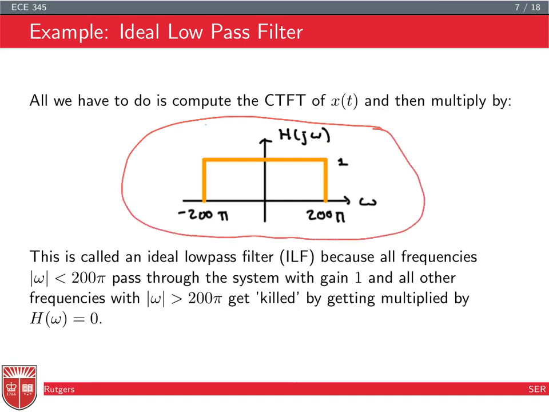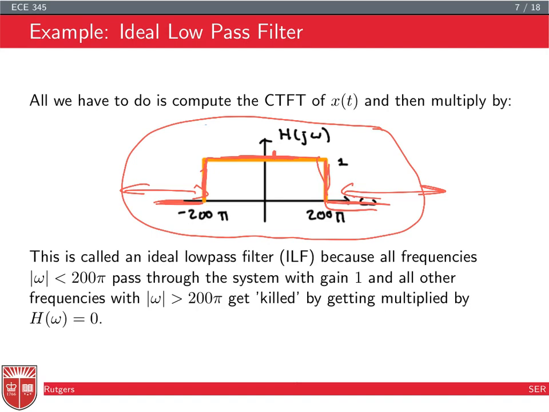It allows all frequencies between minus 200 pi and plus 200 pi to go through the system with gain 1, and everything outside this interval is going to get killed. Why is that? Because in the frequency domain, the output is the input multiplied by this spectrum. So we're multiplying by 0 everything that is less than minus 200 pi and above 200 pi.